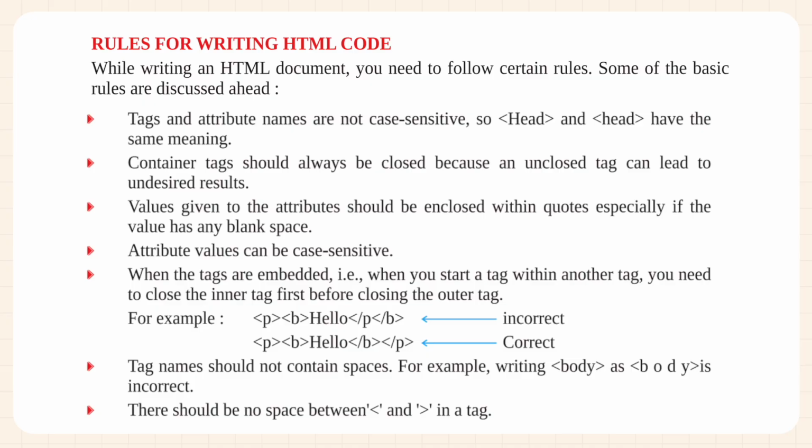Attribute values can be case sensitive. When the tags are embedded, i.e., when you start a tag within another tag, you need to close the inner tag first before closing the outer tag. Tag names should not contain spaces. For example, writing body as bo dy is incorrect. There should be no space between the angle bracket and the tag name.